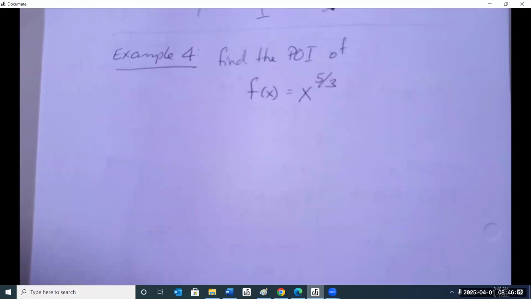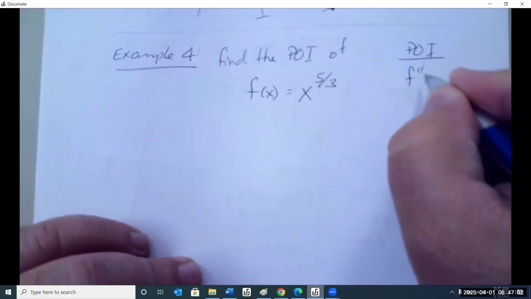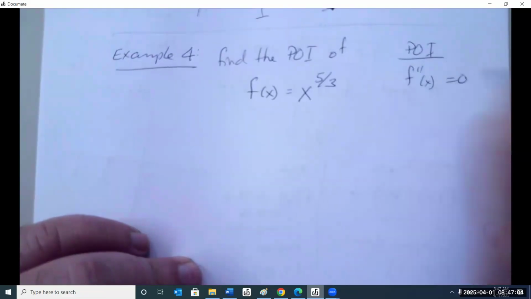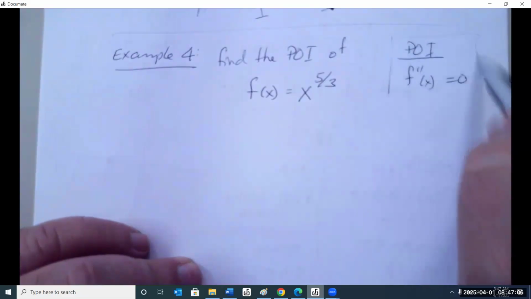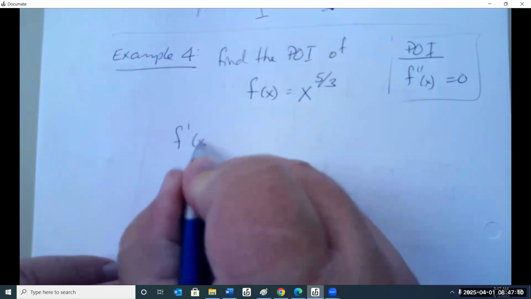Second derivative and do what with it? Right. Second derivative, POI is the second derivative, set it equal to 0. So take the derivative. First derivative is going to give me what?